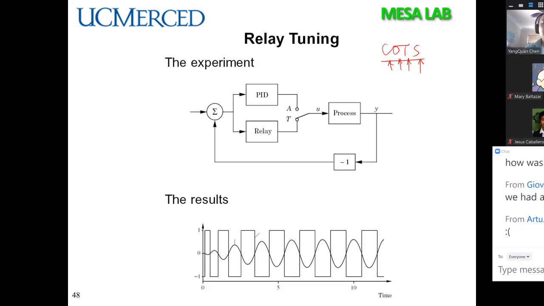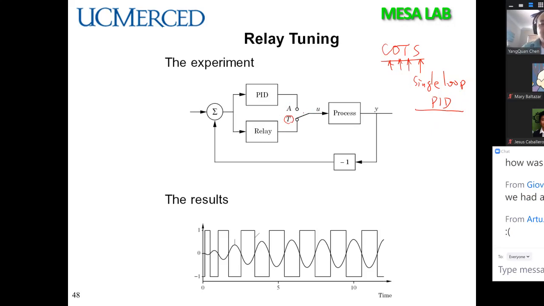So you can buy COTS, this is a single loop PID controller. Inside the single loop PID controller, there is a function, a button, called auto tune. So basically, if you want to auto tune, you put this, T stands for tuning mode, A stands for automatic mode. Then you also have a manual mode, remember.